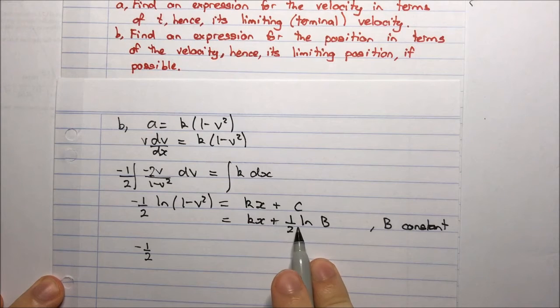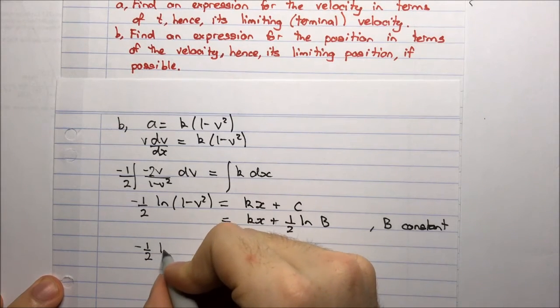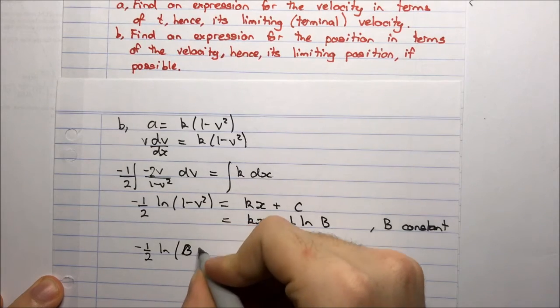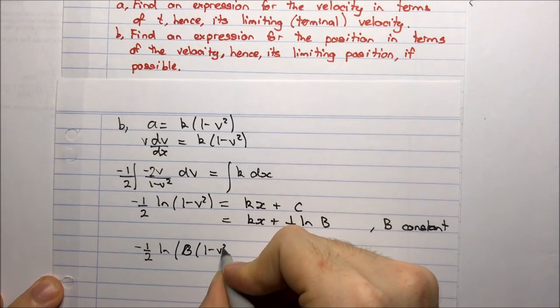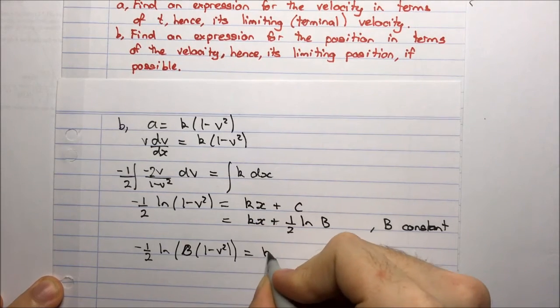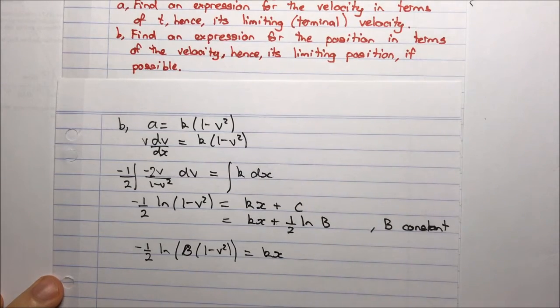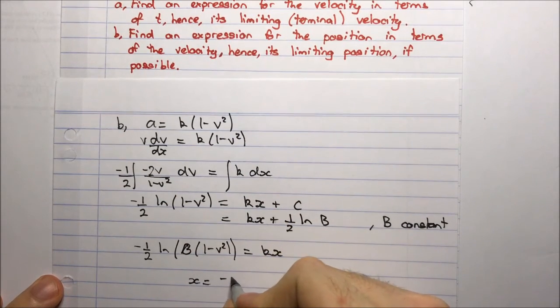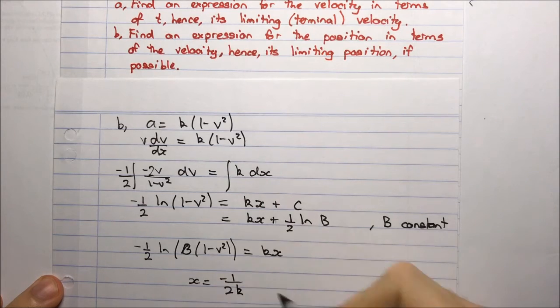This will also be -1/2 when I move it over. So as I combine my logs, it'll be a product of the two. So this should be b, not a. -1/2 log of b into 1 minus v squared equal to kx. And I'm looking for position in terms of velocity. So that's going to be simple. I'm just dividing by k now. x equals minus 1 on 2k, log of b into 1 minus v squared.